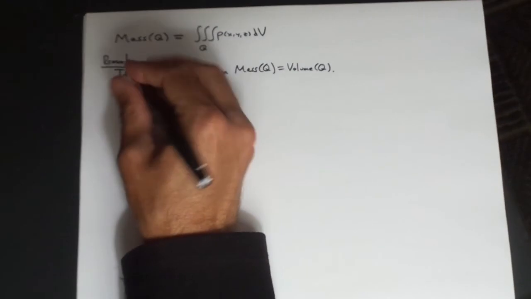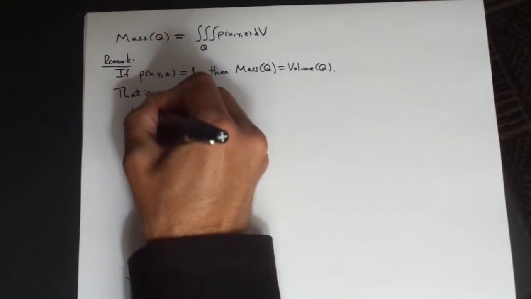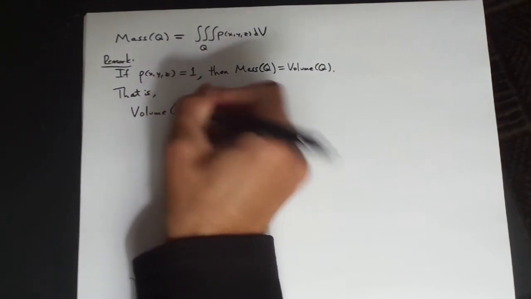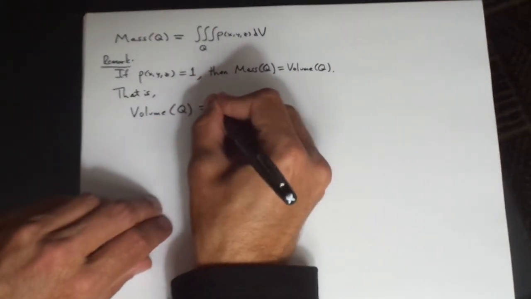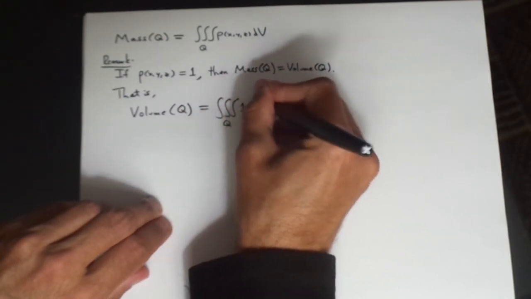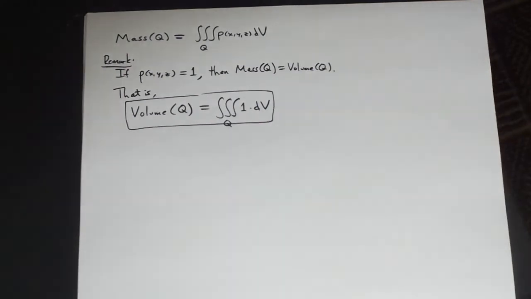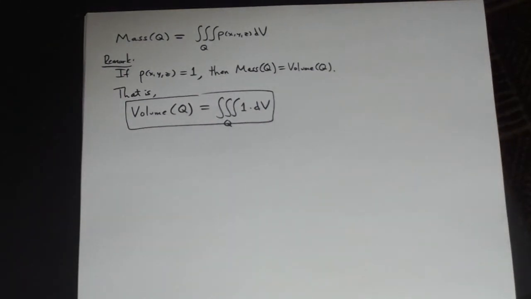In other words, what we're saying here, guys, is that the volume of your solid region Q can be viewed as the triple integral of 1 dV. Okay? So you can calculate a volume by using a triple integral.